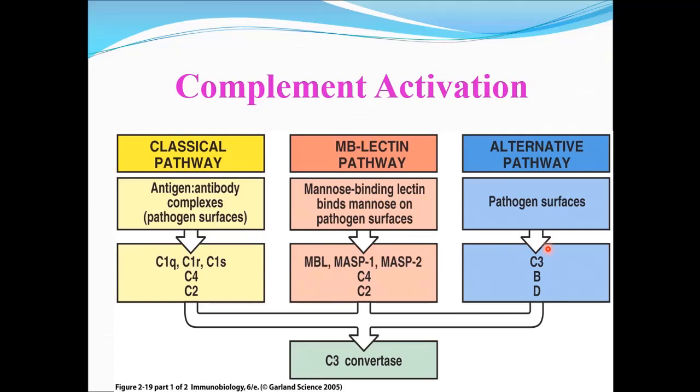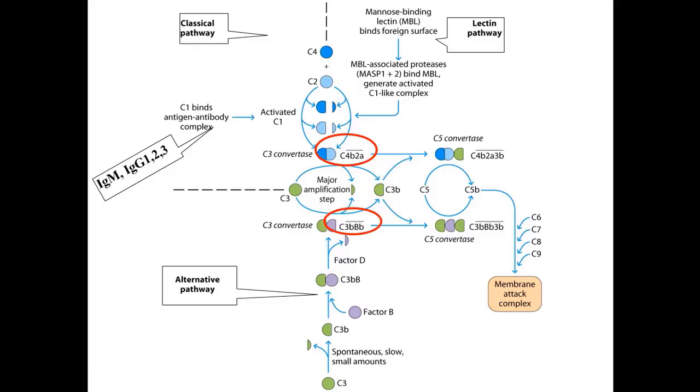For example, C3 protein is common between all three pathways, and C4 and C2 are common between the classical and lectin pathways.